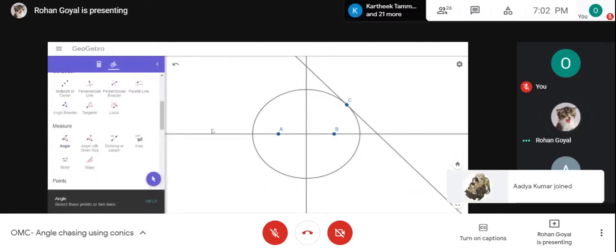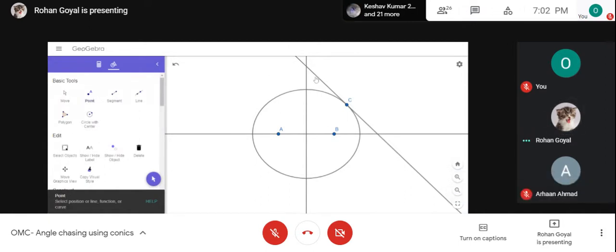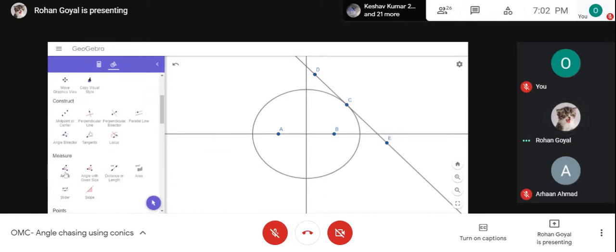If I take some point D here, and some point E here, then angle ACD and angle BCE are the same. Can anyone try to prove this?